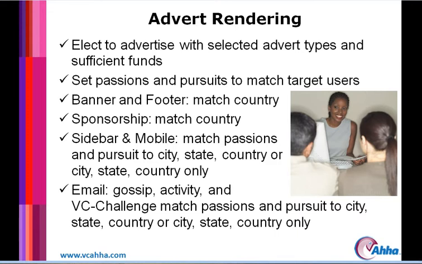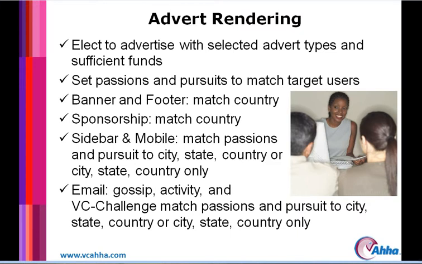Remember, the banner and the footer adverts are graphics, and artwork is required. These ads are targeted at those that are looking to engage more of a national audience or to promote nationally.